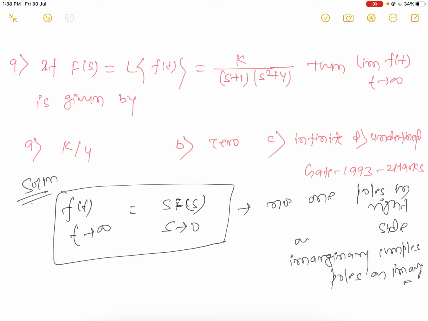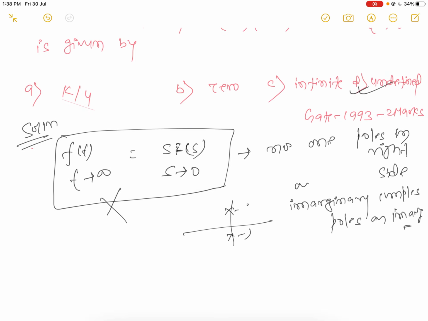Here there are two poles on the imaginary axis, so this condition is not satisfied, which means undefined. We cannot define it. Okay, option D will be the right answer.